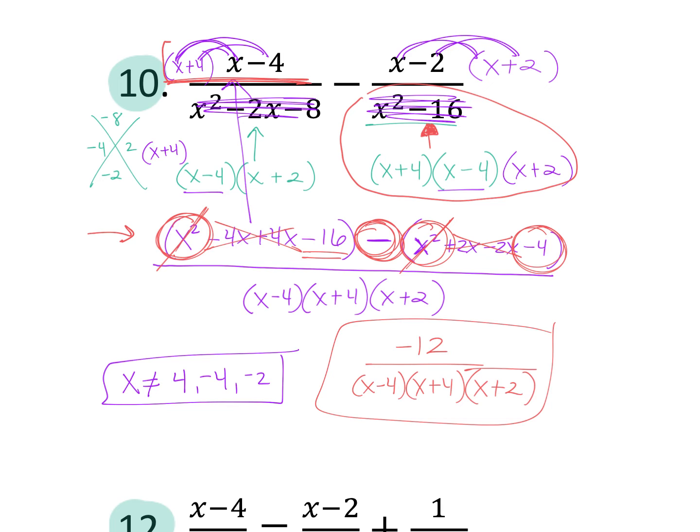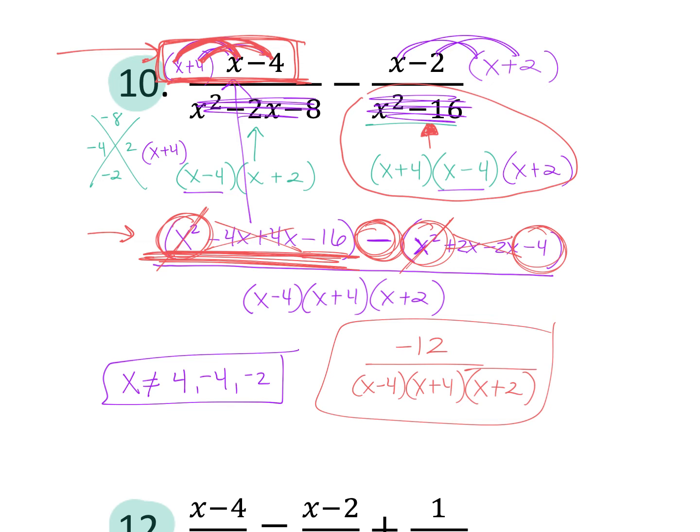So I took this x plus 4 times x minus 4. Do you see where I'm at right here? That top setup, right? Because I had to multiply by x plus 4. Then I distributed x times x minus 4x plus 4x minus 16. Right, so I did FOIL. I just FOILed that. Do you see that? That's what this was. Right?